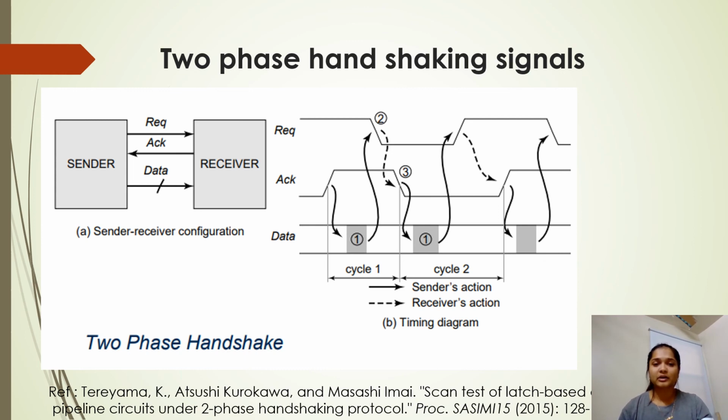Sender requests to the receiver on a clock edge that the data is ready to be sent. Receiver gives acknowledgement to the sender that it is ready to receive data and data has been received.